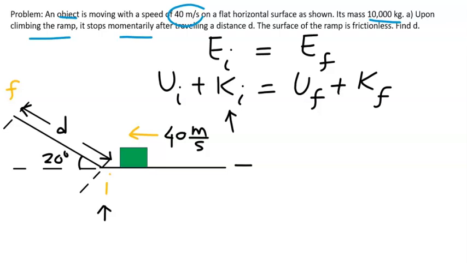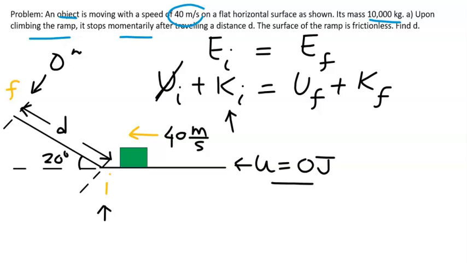We can take this level to be the 0 joule level for gravitational potential energy. Remember, we have the freedom to set the 0 joule anywhere we want. So that goes away. Another thing that goes away is the kinetic energy of the object at the final point. At that point, it comes to rest momentarily, so the speed is 0. So that is 0.